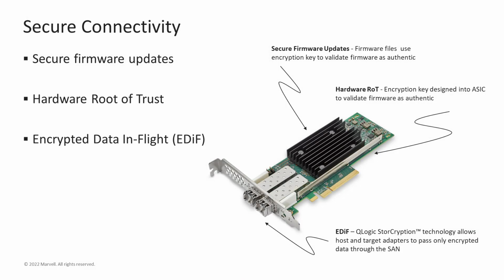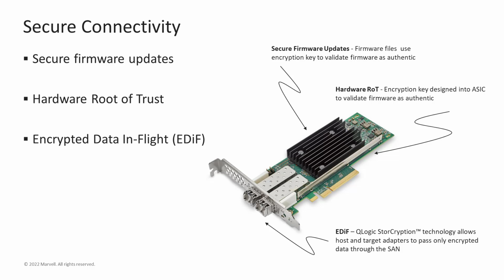QLogic Fibre Channel HBAs are also very secure. All enhanced 16 gigabit and 32 gigabit offerings support secure firmware updates. When new firmware is downloaded, it must contain the proper public encryption key to validate that it's authentic, or the updates simply will not take place. Now, for further security, the encryption key can be embedded within the Fibre Channel ASIC itself during the manufacturing process.